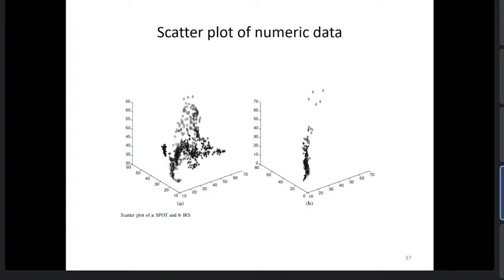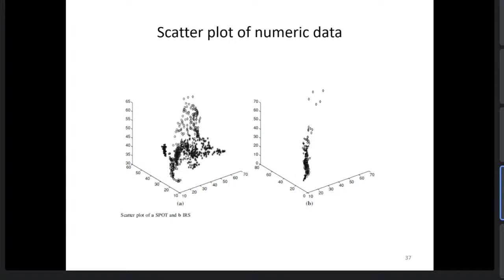This is the scatter plot of the data set, which we have already discussed. The first image shows the SPOT data, where 932 samples are shown. These are all pixels. As there are three bands, we have plotted a 3D image.